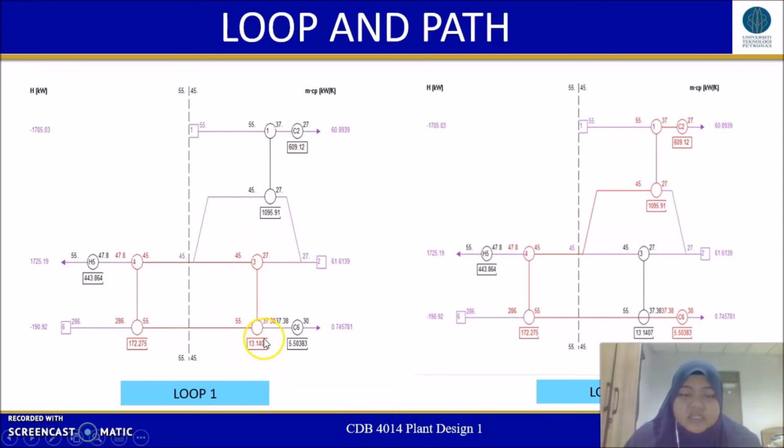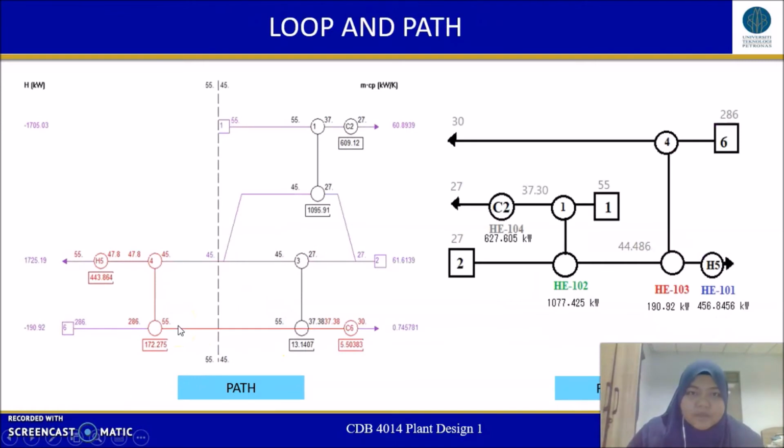So this is considered a small heat exchanger, and this exchanger will be removed to optimize the exchanger unit. After that, we may find some violation in the temperature, so we will use a path.